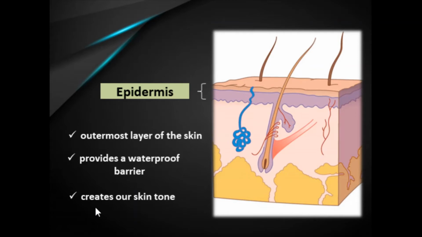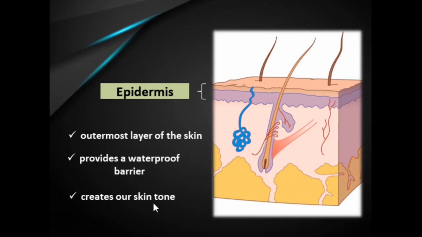And lastly, the epidermis creates our skin tone, which means that's why there are different colors of our skin.